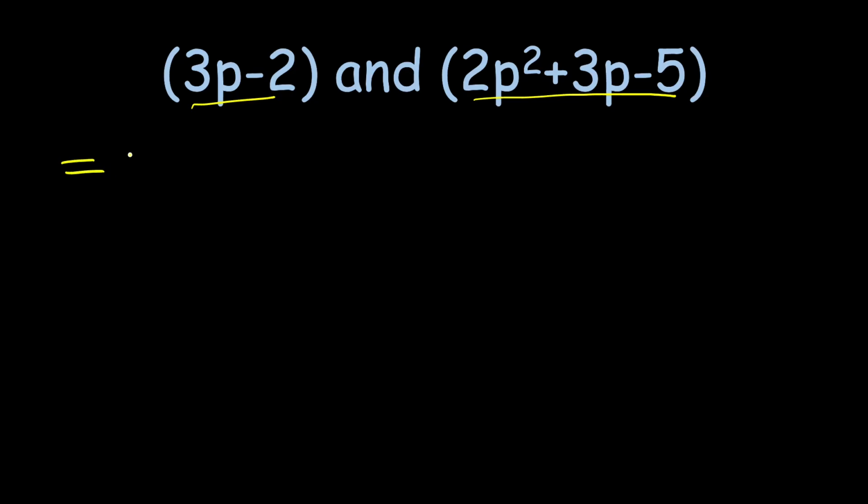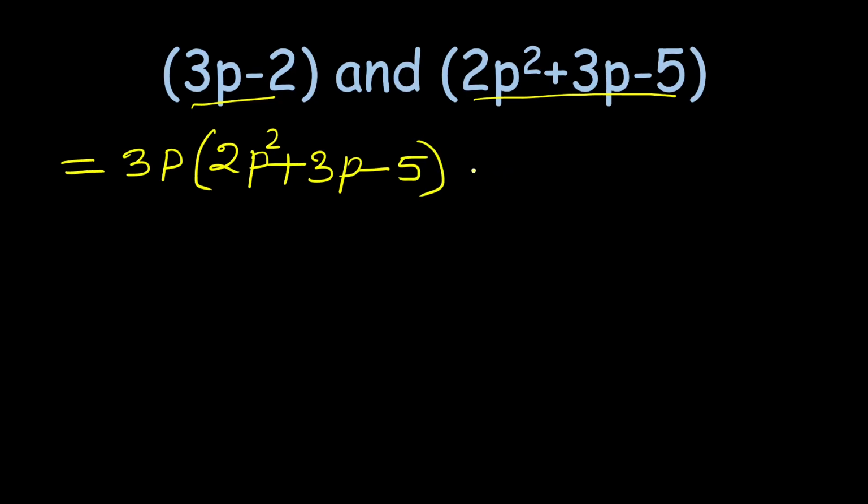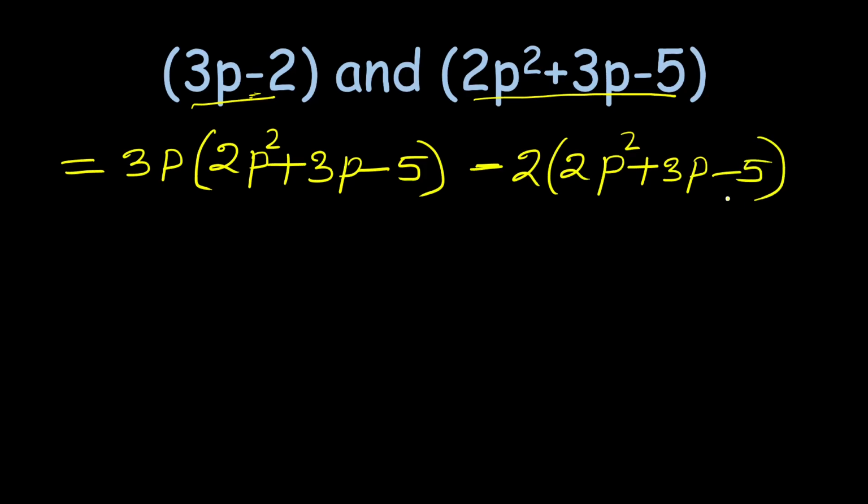That's equal to 3p, we have to multiply by 2p square plus 3p minus 5. Here minus means we have to write minus 2 into 2p square plus 3p minus 5. And that's equal to, we have to now find the product of each term of this trinomial by this 3p.